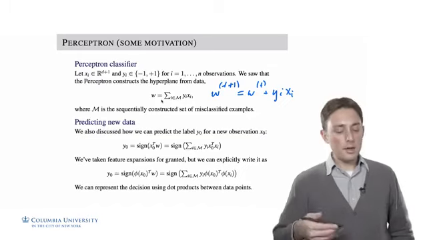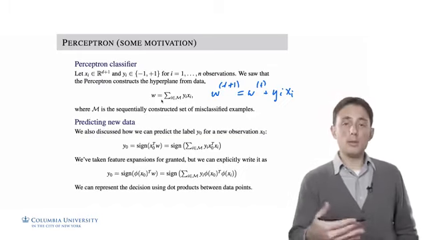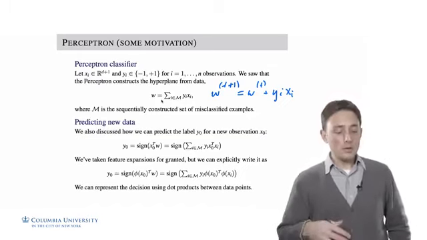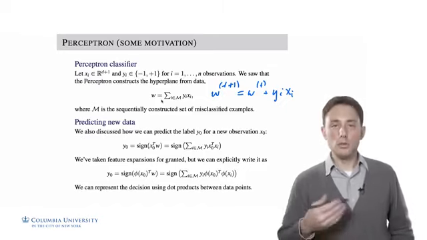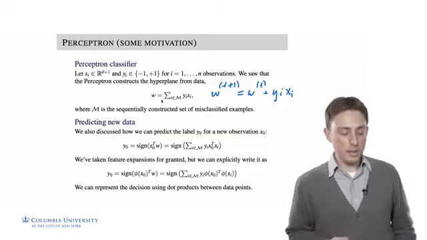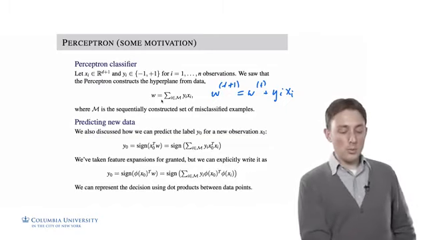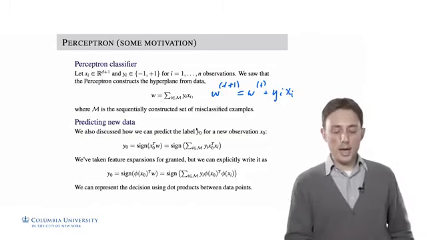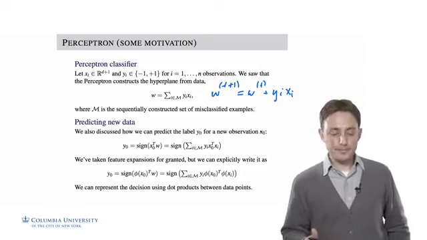So now let's think how we would use the result of the Perceptron to predict a new label for a new covariate vector that's coming into us. So we want to predict a y0 for a new x0.